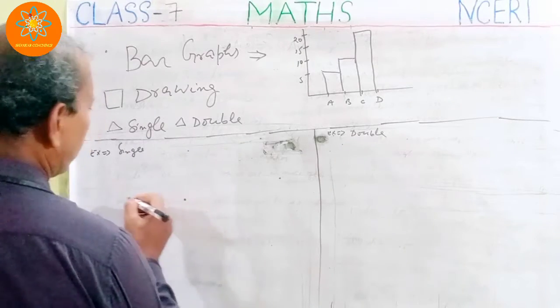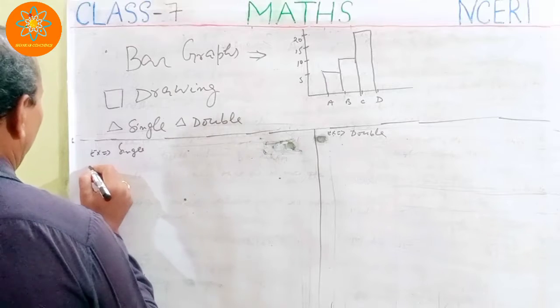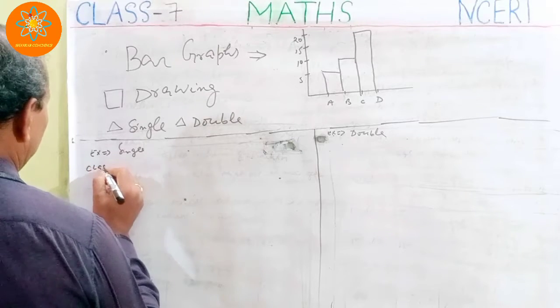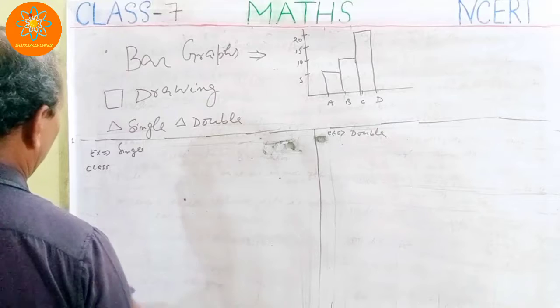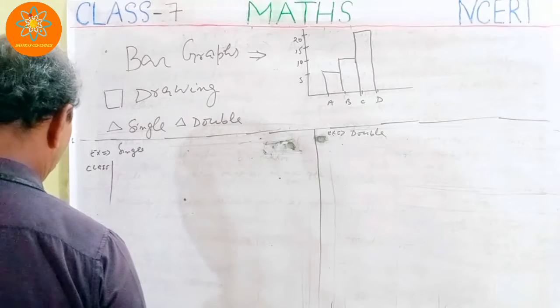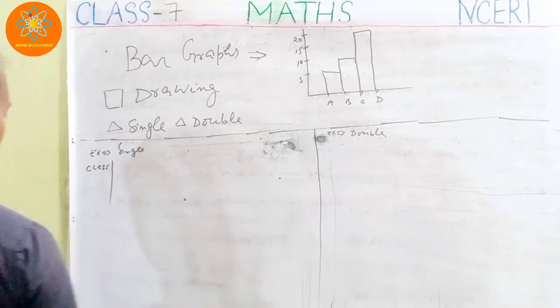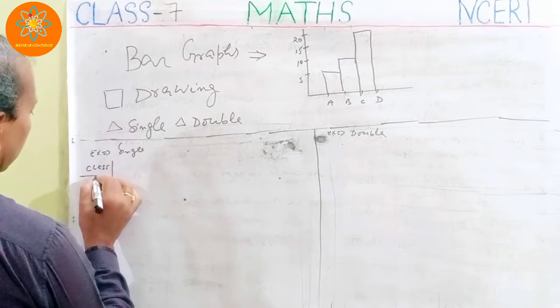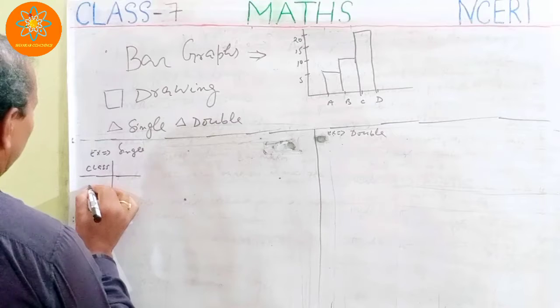Let us suppose we have a class, and for the classes corresponding students are also there.